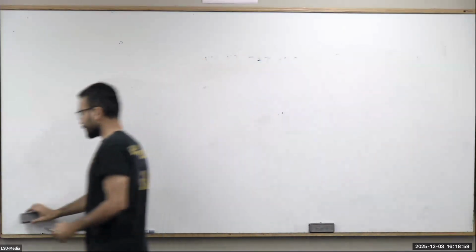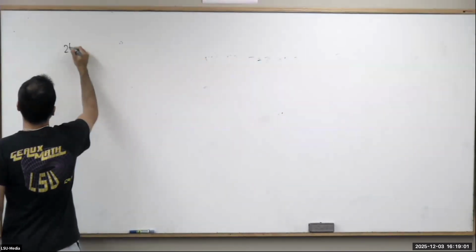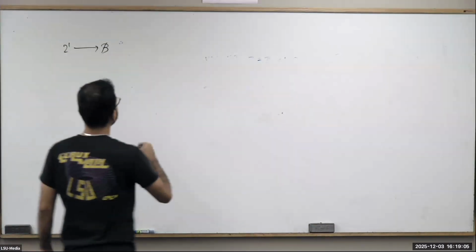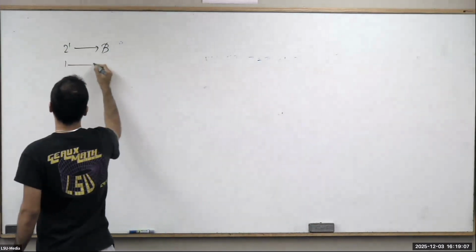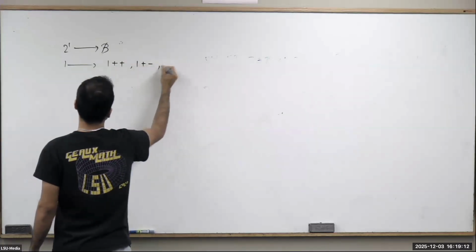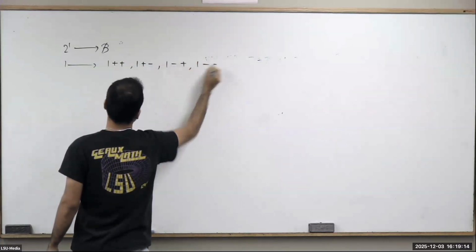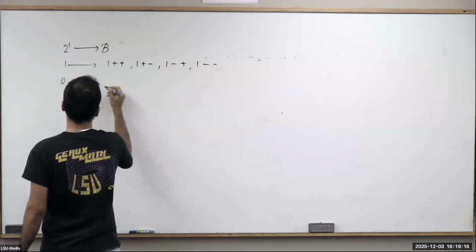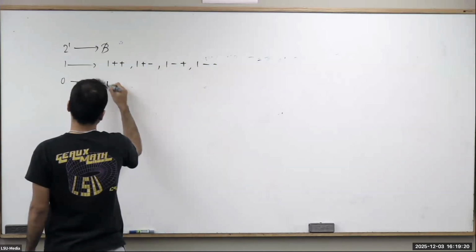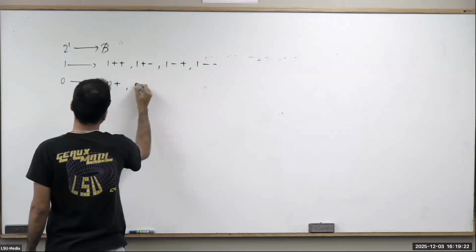So let's follow the steps. Your first step is to form the functor from 2 onto one side by using that information. That means your 1 is getting mapped to 1 plus plus, 1 plus minus, 1 minus plus, 1 minus minus. 0 is getting mapped to 0 plus, 0 minus.